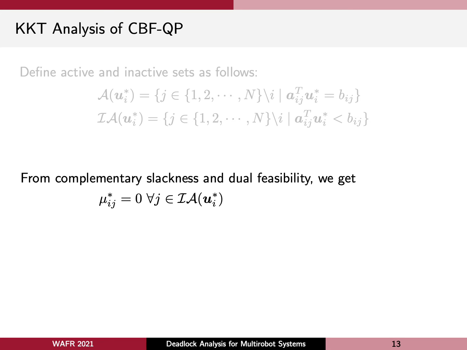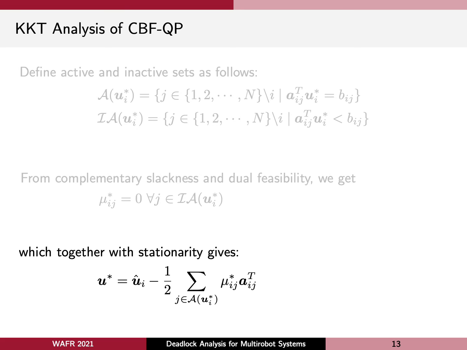From complementary slackness, we know that Lagrange multipliers will be 0 for all inactive constraints, and that, together with stationarity, gives us this expression for the optimal control u star, as we wanted. Now note here that the summation over j is restricted only to the set of active constraints instead of all other robots in the system, meaning that it's only active obstacles that influence the control of the ego robot.